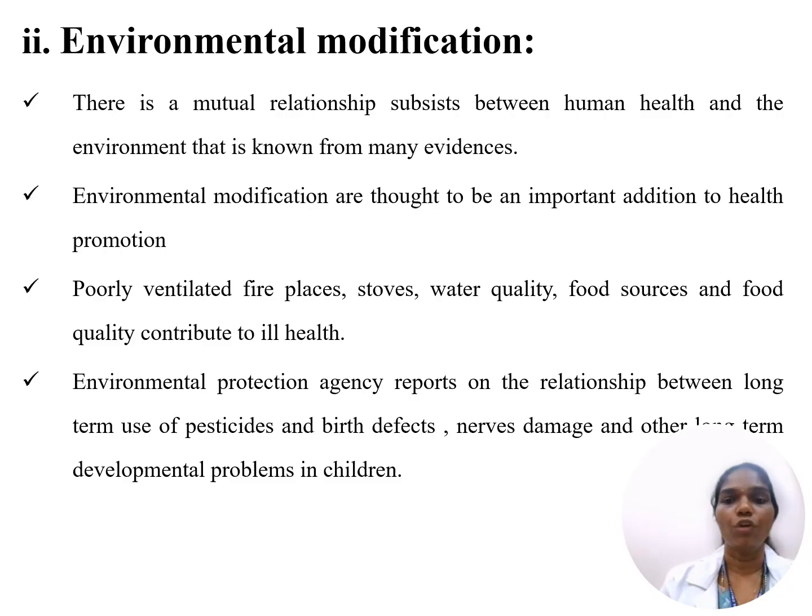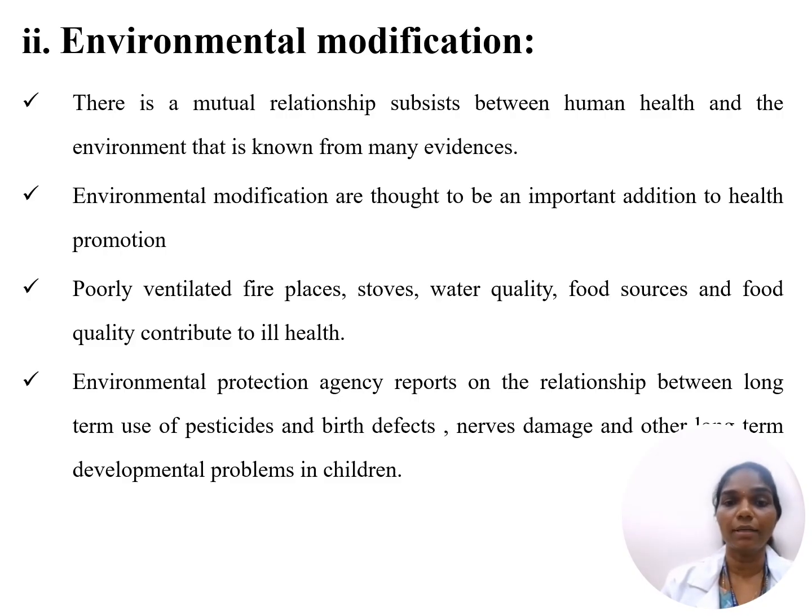Environmental modification. A mutual relationship exists between human health and the environment, as is known from many evidences. Environmental modification is thought to be an important addition to health promotion. Poorly ventilated fireplaces and stoves, water quality, food resources and food quality contribute to ill health.